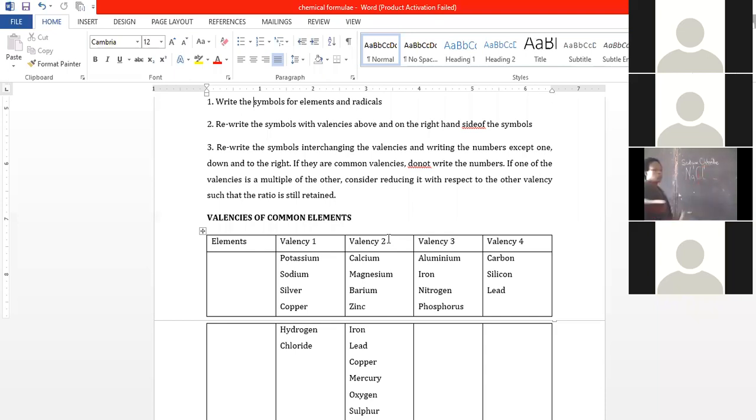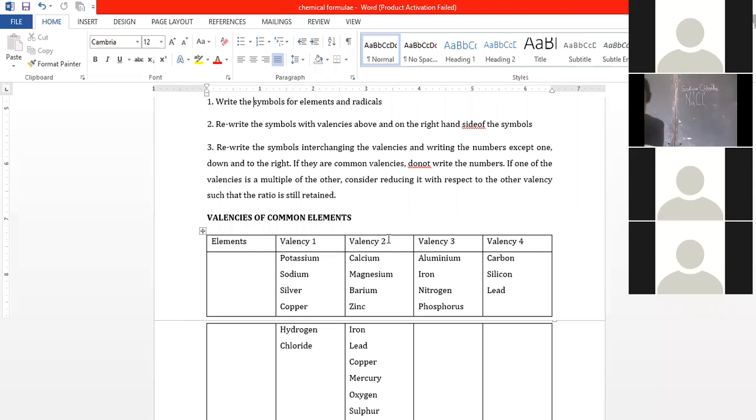Okay. So, step number 1 was write the symbols, which I did. Step number 2, write the valencies on the right corner, that one up there where I have put them. Then step number 3 says we interchange the valencies and then write them. Of course, we write it if it is not 1.